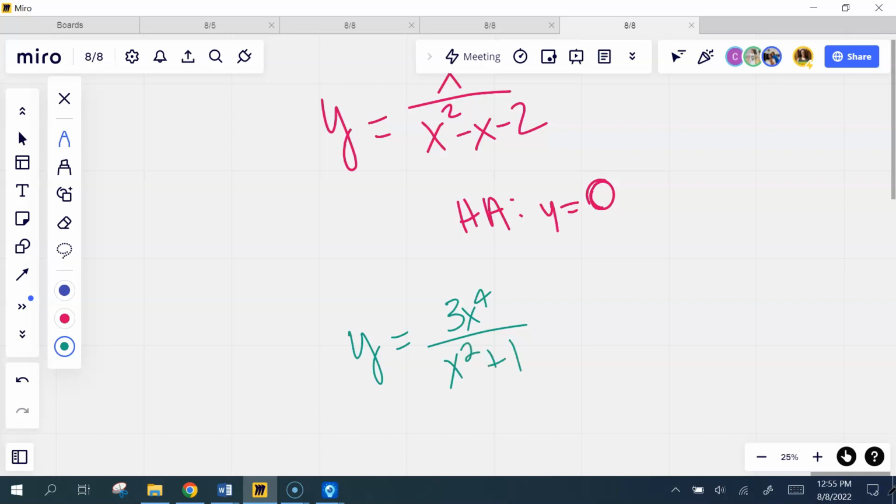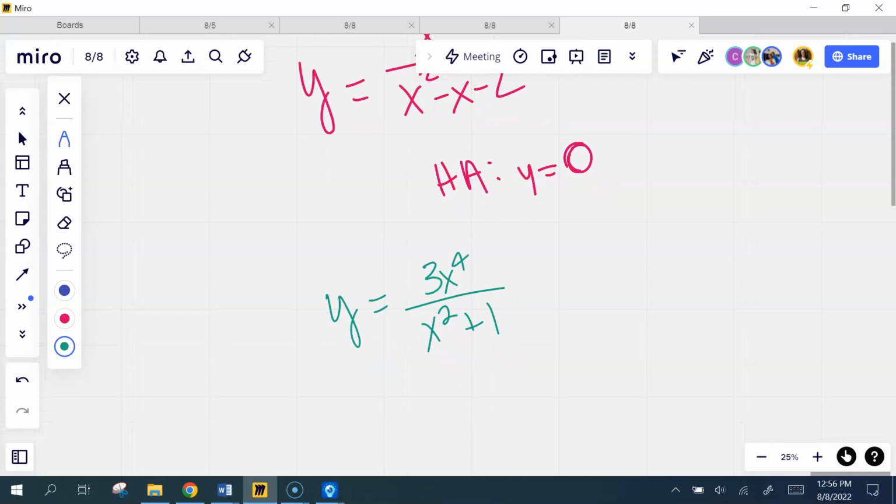What say you, Carter? Where's the horizontal asymptote? There's none. Why is there none? It's top heavy. Does everybody see what we're doing here? Top heavy, none. Bottom heavy, 0.